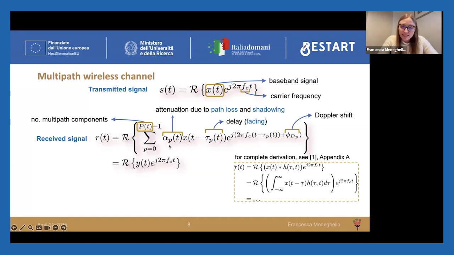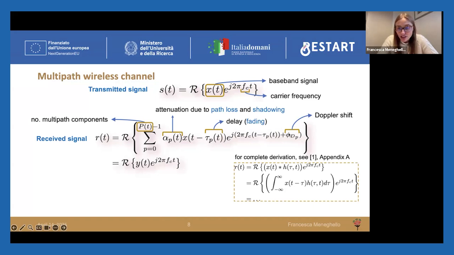And each copy is characterized by an attenuation that is due to the path loss and the shadowing, and a delay that is linked with the multipath fading. And the delay affects the shape of the signal and also introduces a phase shift.